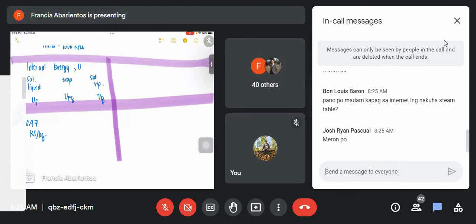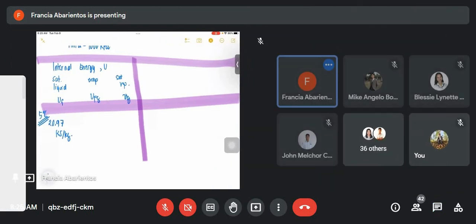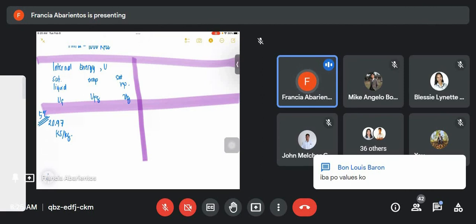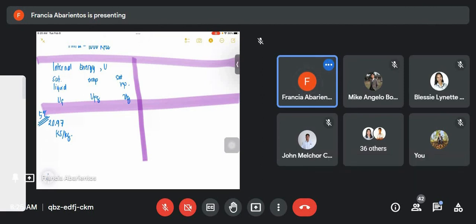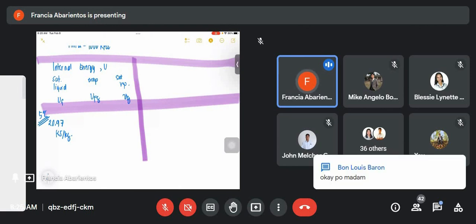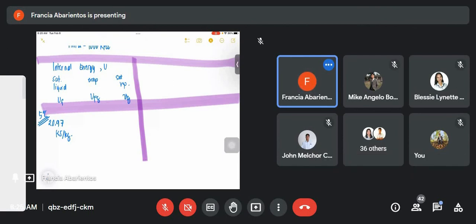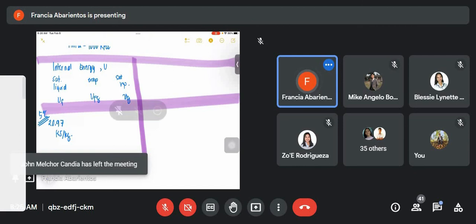Mag-iiba po kasi yung values natin when it comes to internet. Steam table po talaga yung pinapagamit kasi, opo, this is the international steam table. Kaya nga po, required po talaga na may steam table tayo para parehas yung values natin. Kasi iba-iba po, class, lalo na sa mga libro. At some point, nag-arrive at same answer, but not necessarily.